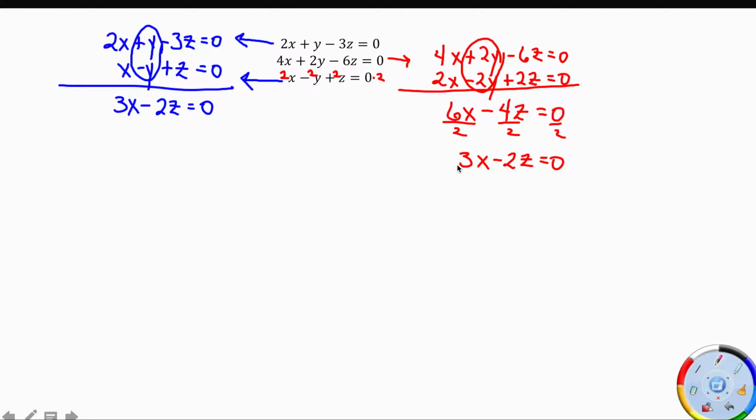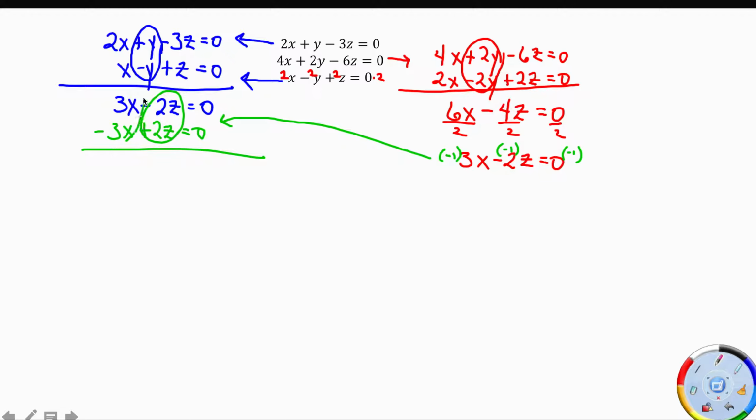Let's say I missed that and I'm thinking, oh, I'm going to eliminate these z's. I would need to multiply one of them by -1 so that when they get added together, the z's get eliminated. I would have negative 3x plus 2z equals 0, and not only did my target z's get eliminated, but so did my x's, and 0 equals 0 means infinite solutions.